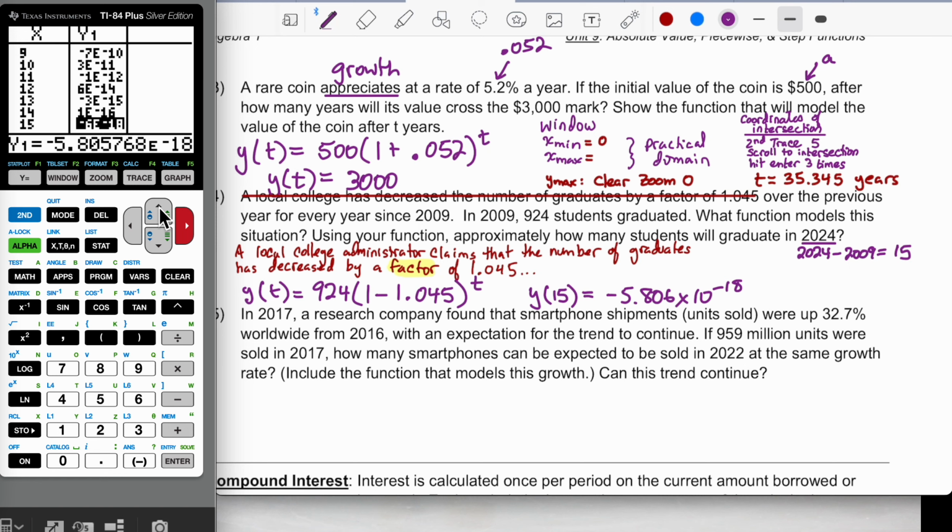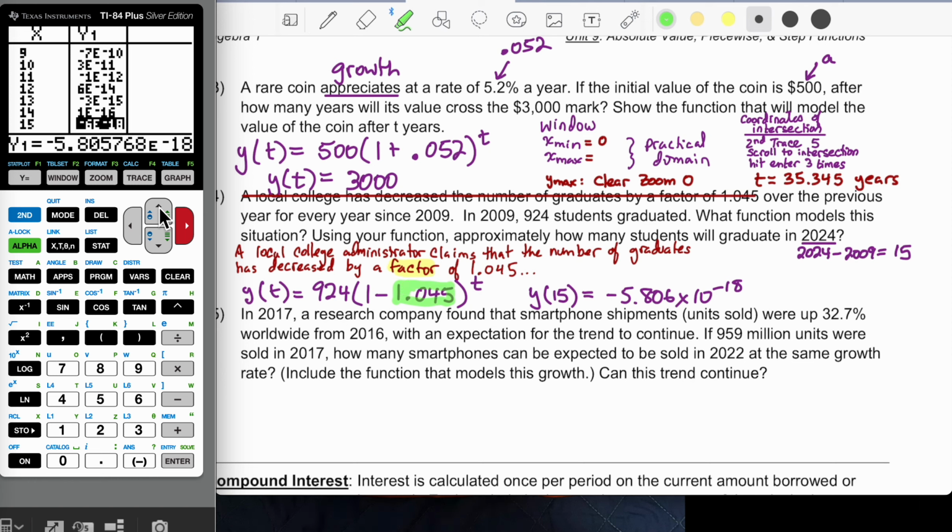But the more important piece here is that we're looking at a decrease of 1.045. So this doesn't make sense, because the decrease is more than 100%.